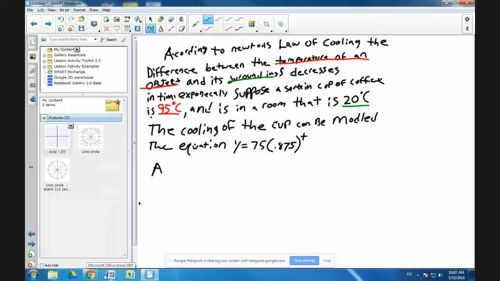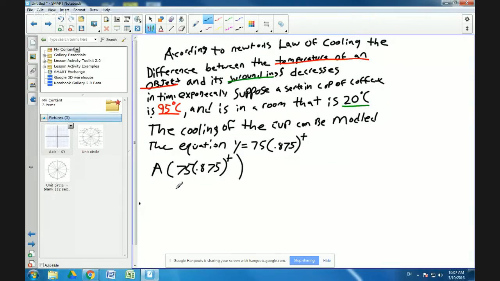So we're going to set up our equation. 75 times 0.875^t. So there's our equation.